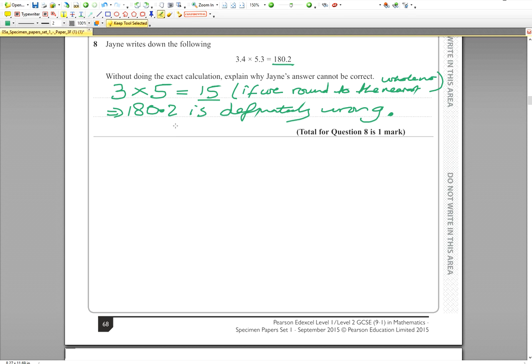So we round the numbers to whole numbers and get 15. 880.2 is definitely wrong. It is more than 10 times the size of the approximate answer. It's a 1 mark answer.